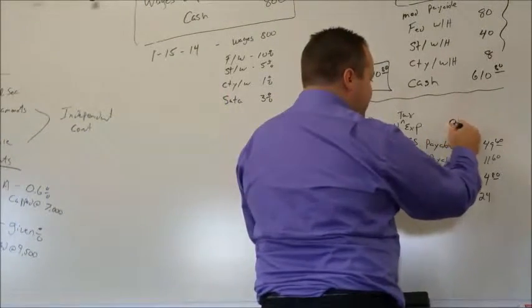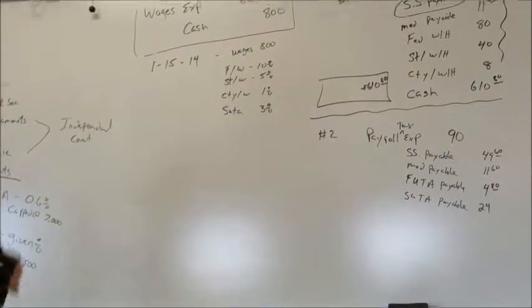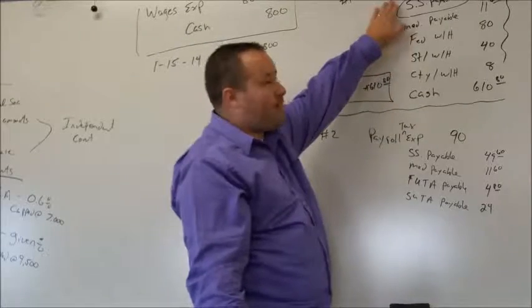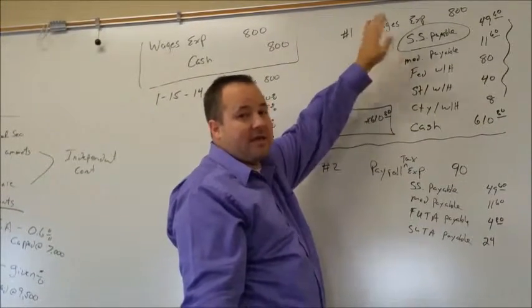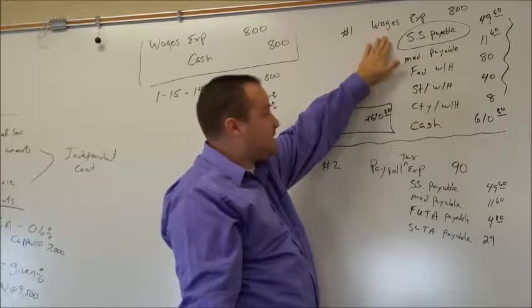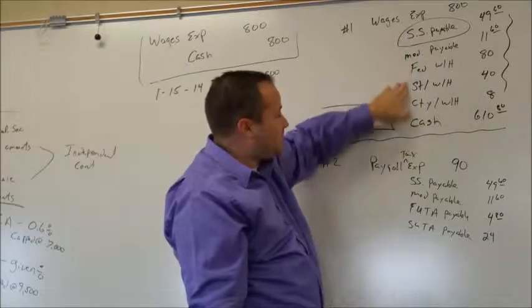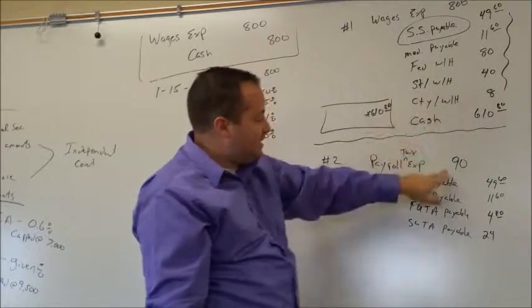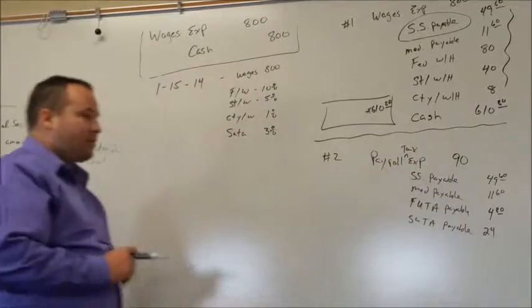It came out to be an even $90 in additional money. The employer technically will pay $800 for my services. It's just that it all doesn't go to me as the employee. Only $610 goes to me, the rest of this goes to some form of tax. And then the employer has to pay another $90 in payroll taxes.